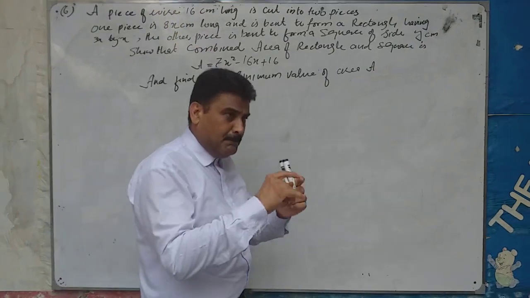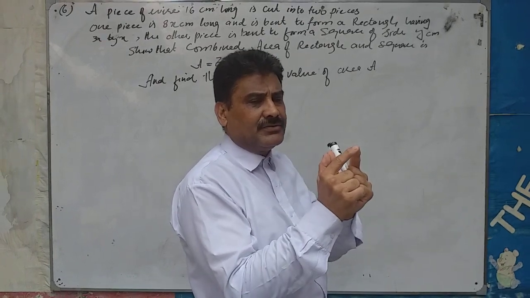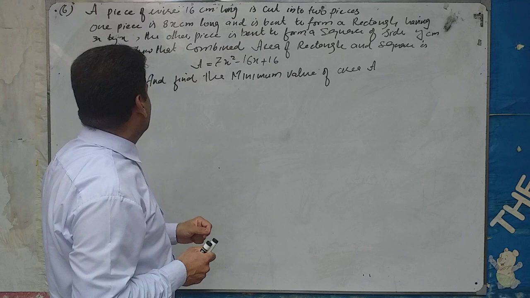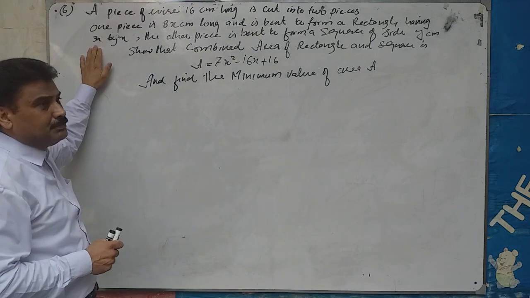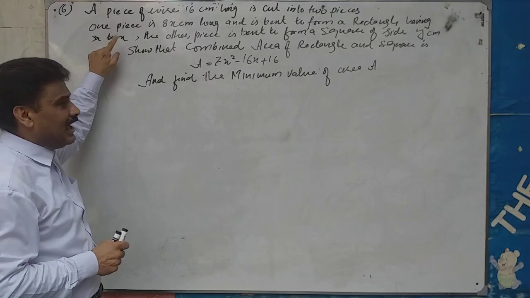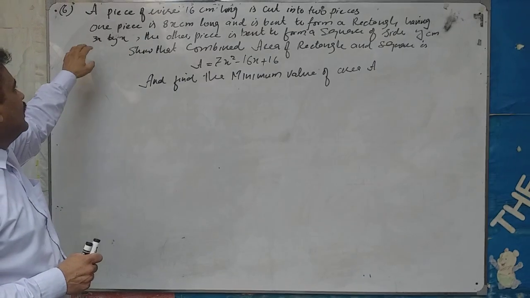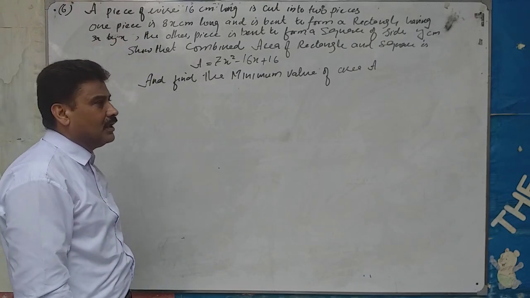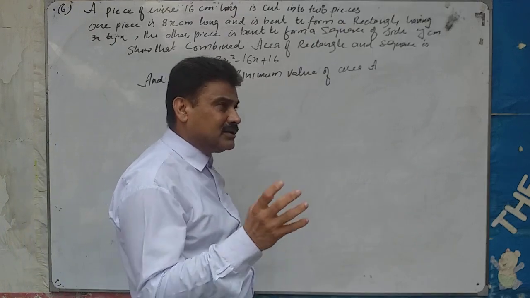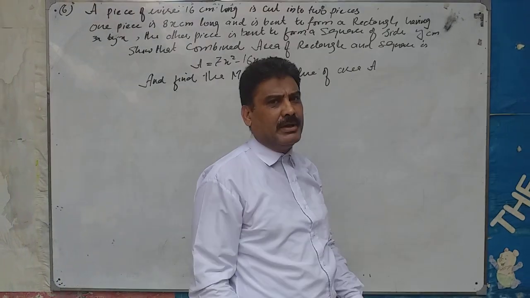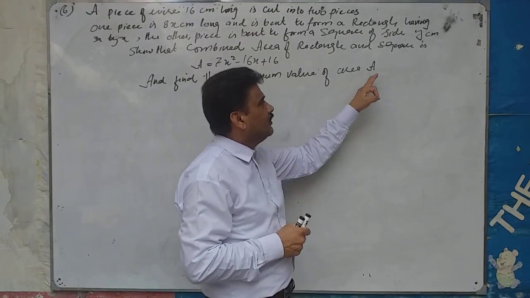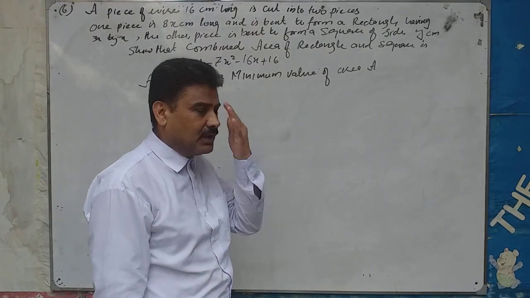We bent one piece of wire to form a rectangle having length 3x and width x, and with the other piece of wire we want to make a square of side y centimeter.